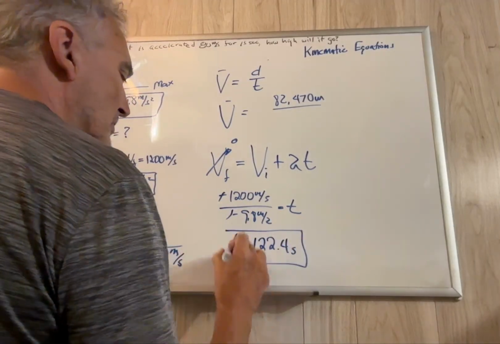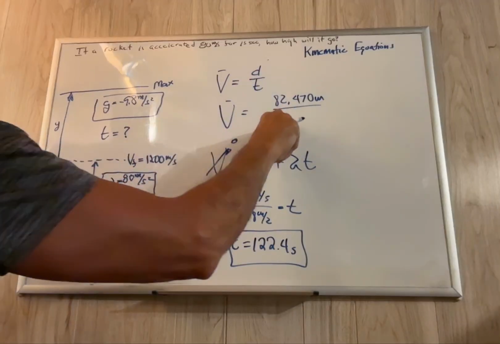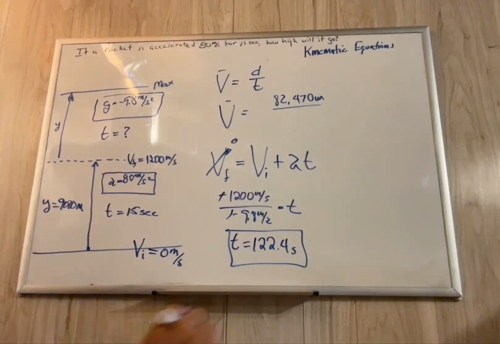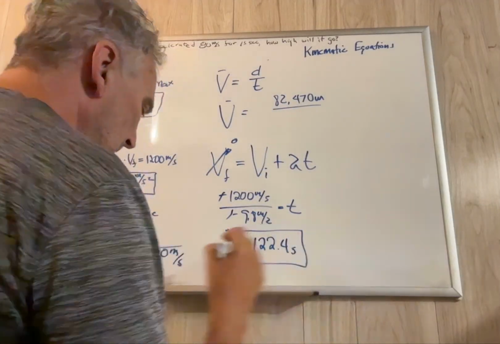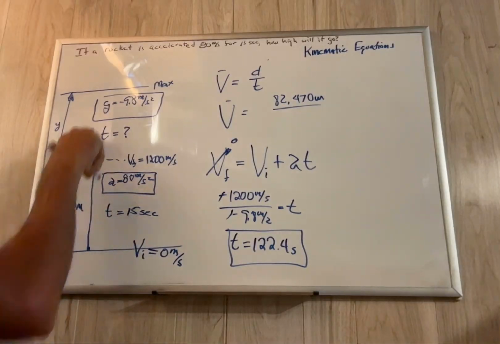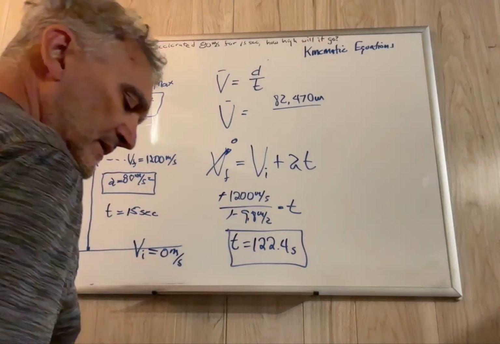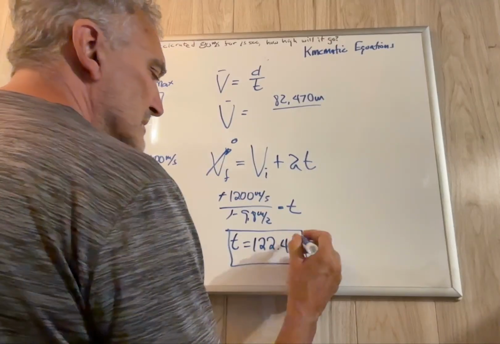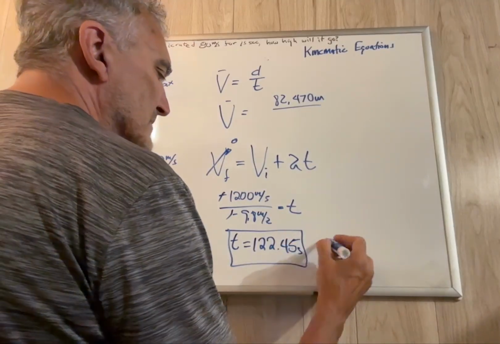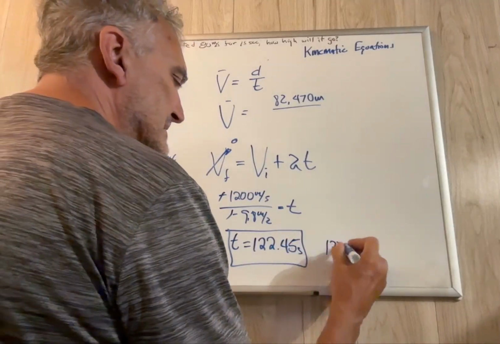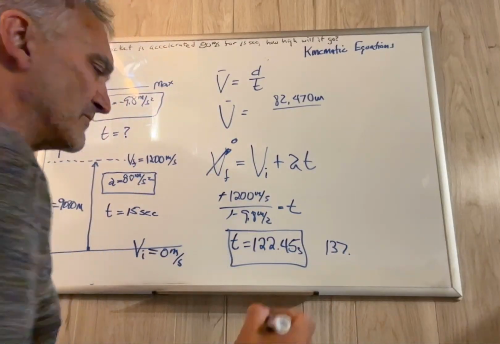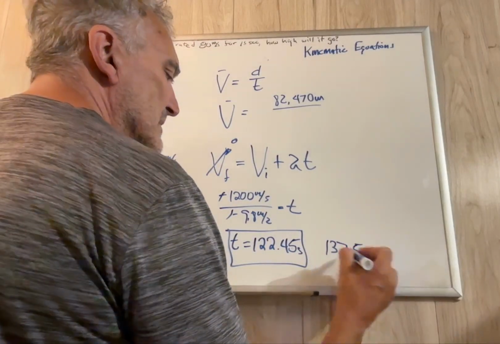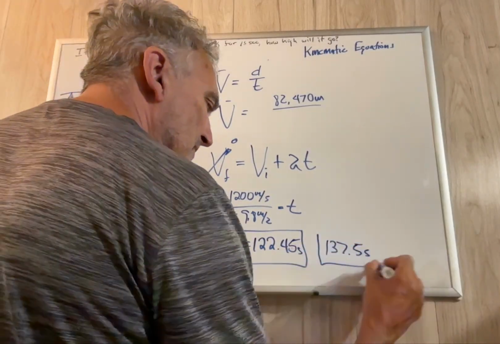All right, so we're almost home. We almost can put our time in here. We need to just add 15 to this, because this traveled for 15 seconds, this traveled for 122.45 seconds, so you get about 137.5 seconds.